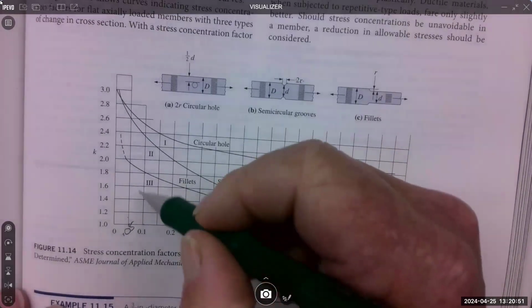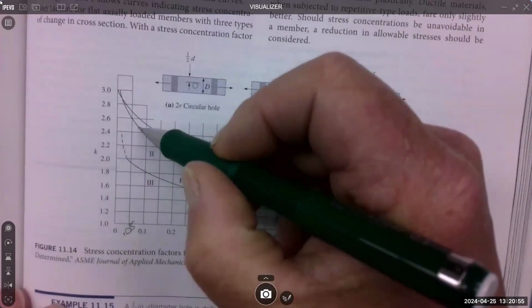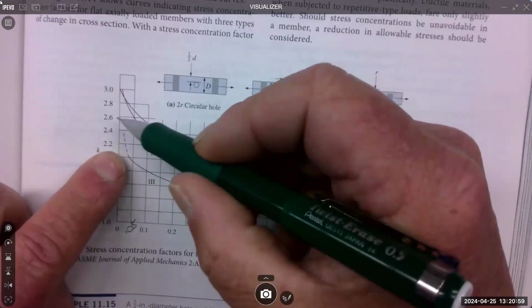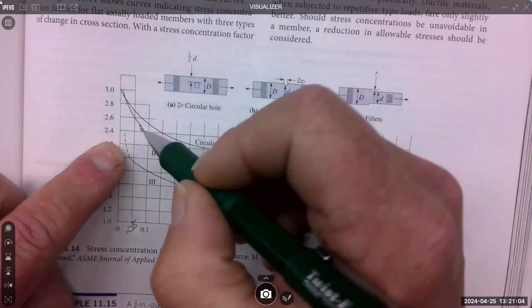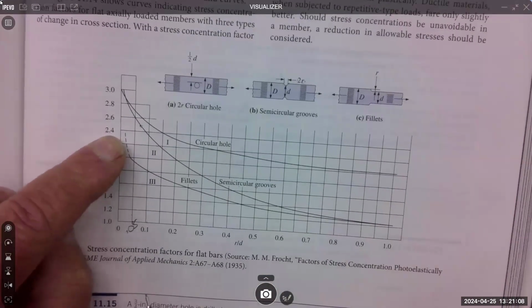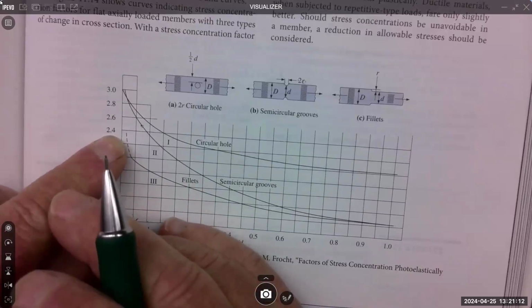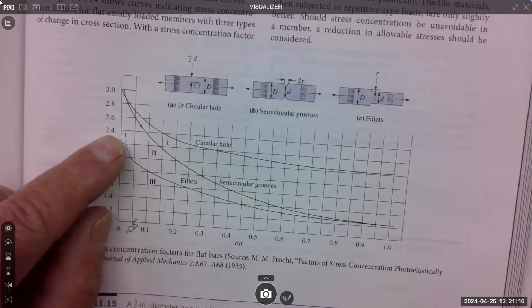So I would just go halfway up, find your semicircular grooves right here, and then come across. It's somewhere between 2.4 and 2.6, pretty close to halfway, I would say. So I'd probably just go with 2.5. But you're going to interpret that a little differently, and I'm okay with that. If you're getting 1 point something, then you're way off. That makes sense?